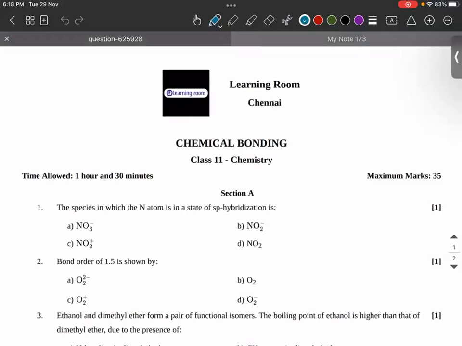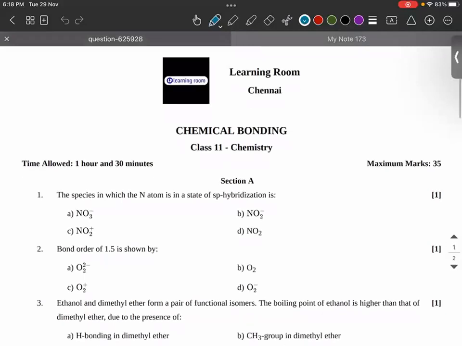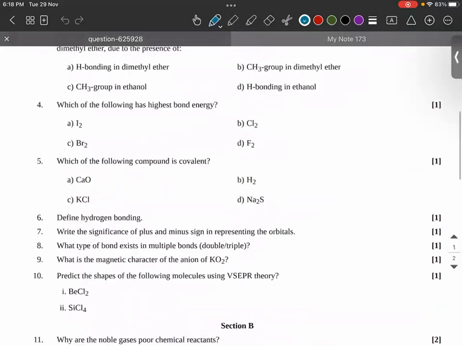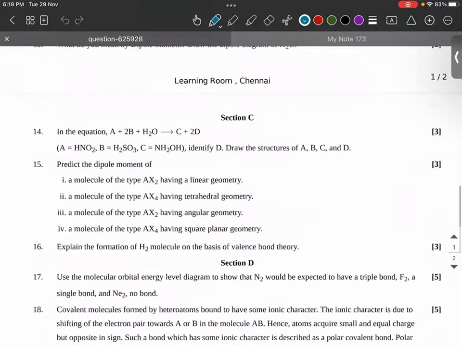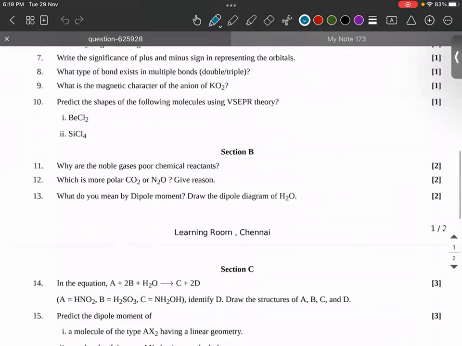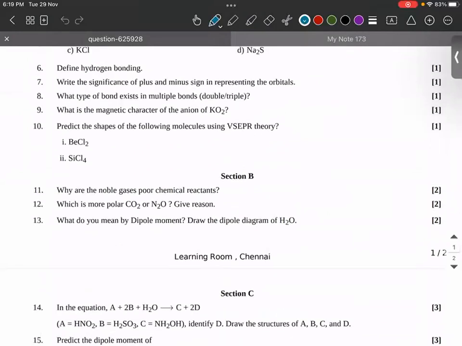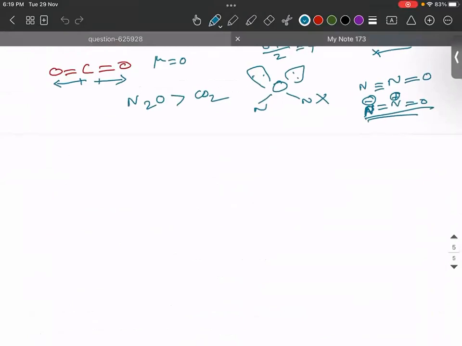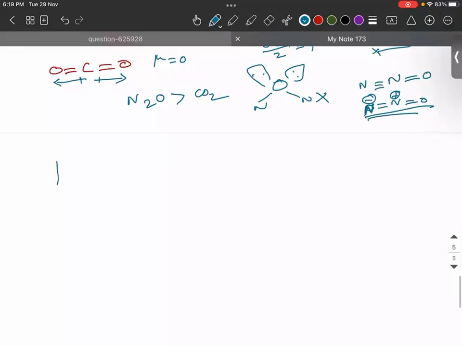So the next question. What do you mean by dipole moment? And draw the dipole diagram of water. So what is dipole moment? It is the product of the magnitude of charges and the distance between them. What is the symbol for dipole moment?